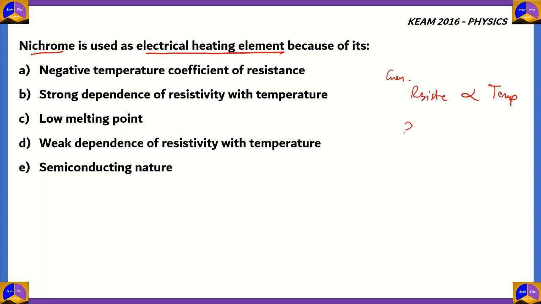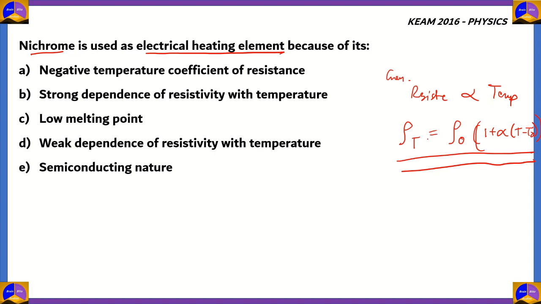So that means the resistivity of a material at a temperature T is equal to the original resistivity at room temperature, times 1 plus alpha times T minus T naught. So this is the formula that dictates the increase in resistivity with respect to the temperature.